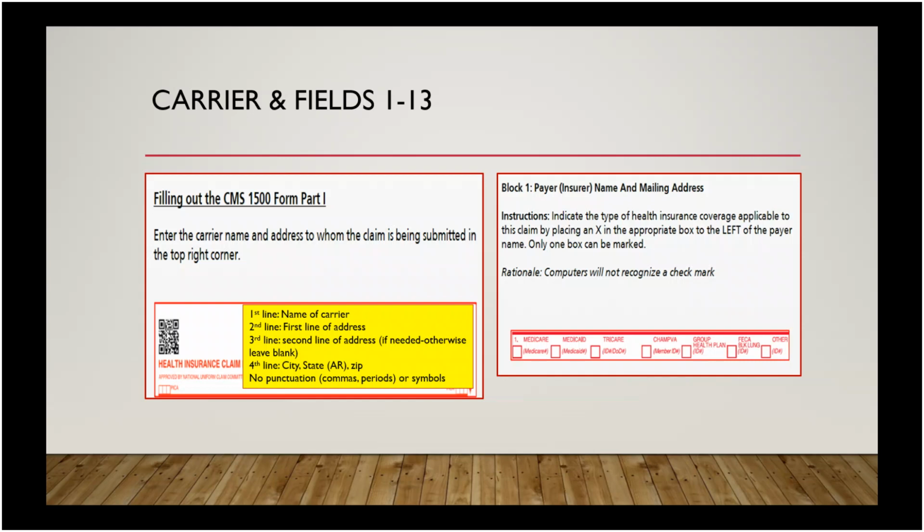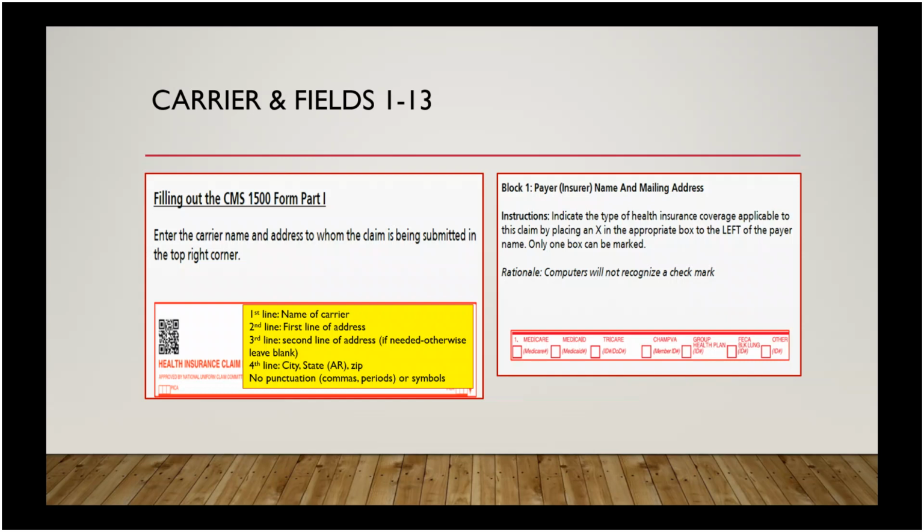The third line would be like for a suite information, additional information for that department. However, the main address, just like your main address that's not an apartment, the apartment line would be in line 3. That would be an example of additional information. So a lot of times you're going to see suite.